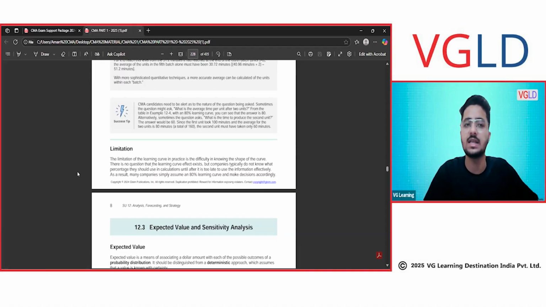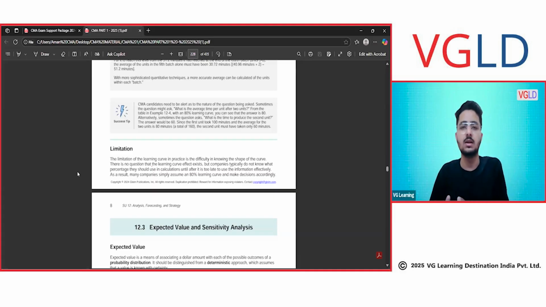Learning curve is basically the reduction in your time due to activity, due to gaining expertise, due to gaining experience. When I do the same activity again and again, ultimately I will find things easier. I will do it better day by day, and I will reduce my time period to do that product again and again. That's what I call my learning curve, but it has limitations also.